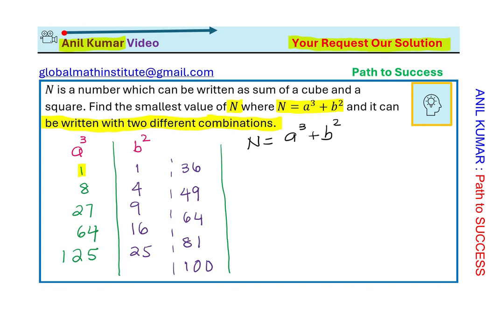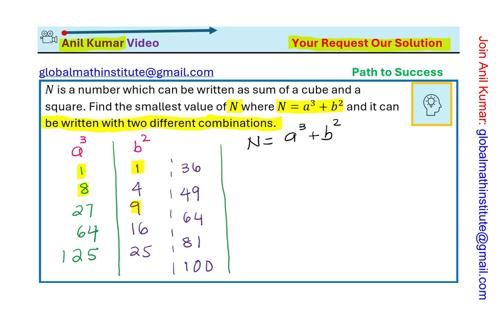If we go around like this, 8 and 1 can give us 9, but then 9 and 1 will give us 10. So we cannot flip it and get the same number which we need.